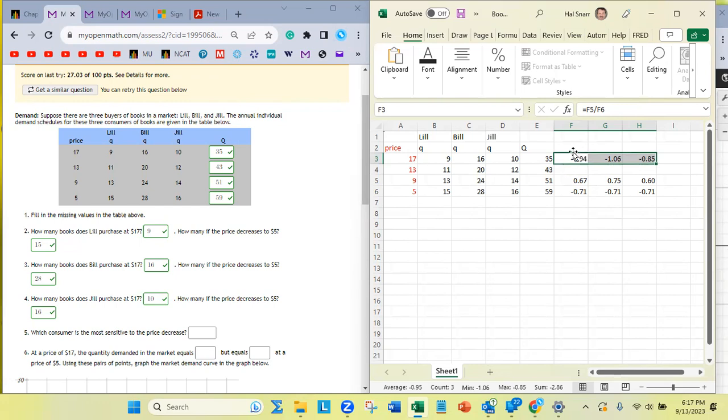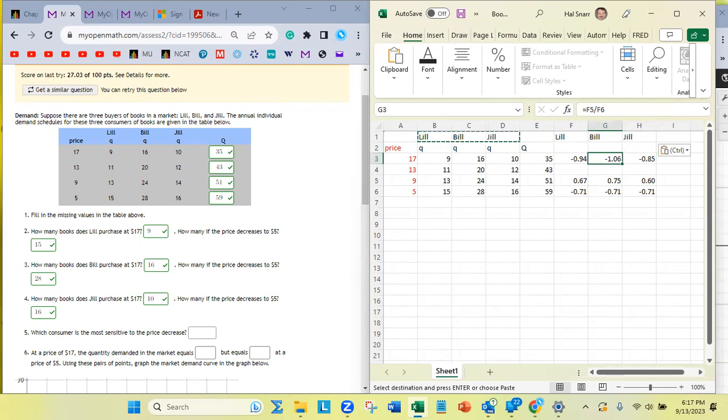So Lil and Jill have inelastic demand. Bill has elastic demand. Lil and Jill's demand is more inelastic, so they're more insensitive to a price change.